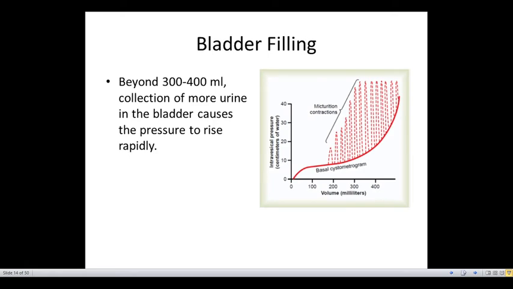Beyond 300 to 400 milliliters, as you can see in the opposite figure, collection of more urine in the bladder causes the pressure to rise rapidly.